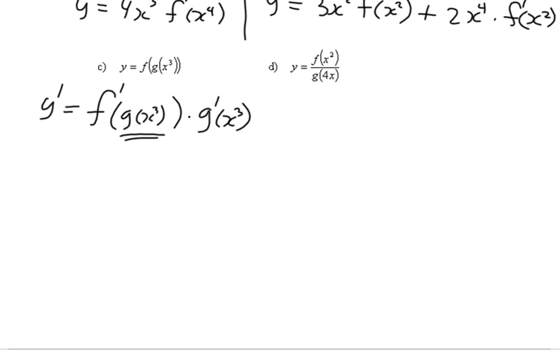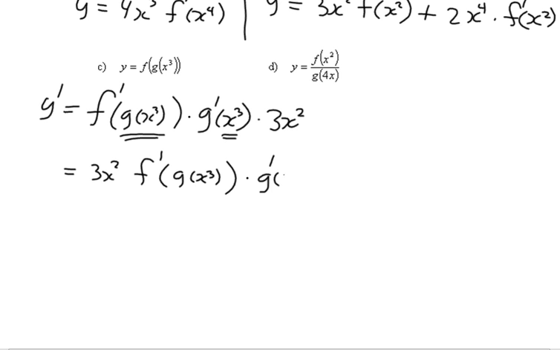But is there a nest inside? Yes. Do we know what the nest is this time? Yes. So this time we do the derivative of the inner part, and we can write a function, 3x squared. So the only thing you could do here is just put the 3x squared in front. I don't think there's any other simplification because two of the functions are unknown functions. We don't know what they are.